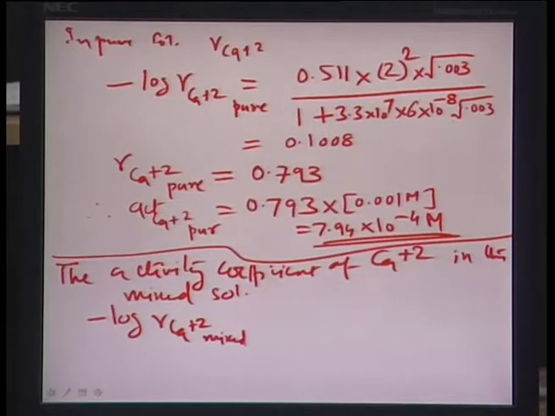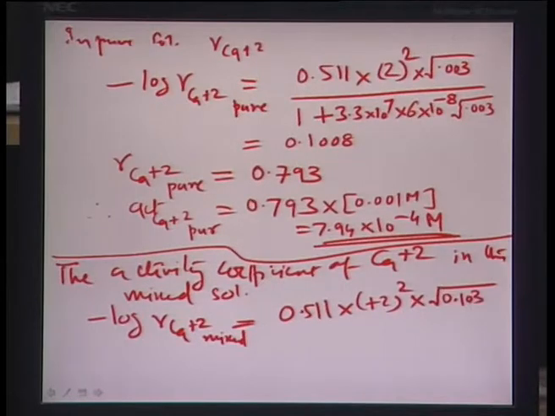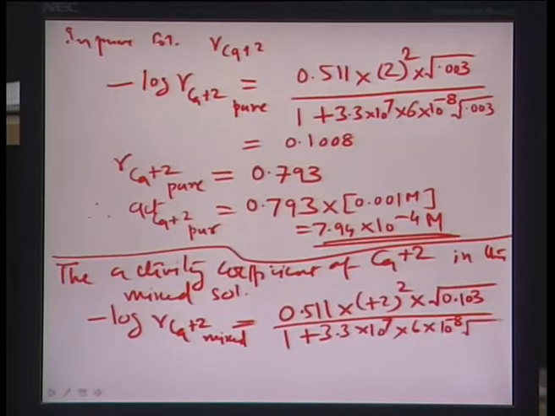So, we have in the mixed solution minus log of gamma Ca²⁺, and let us call this phase mixed phase, equals 0.511, which is the A parameter, times plus 2 square again, because Z is plus 2 essentially, multiplied by the mean ionic strength in the mixed phase, which is 0.103 as calculated before, divided by 1 plus 3.3 × 10^7, which is the B parameter, times the calcium ion size parameter of 600 picometers, which we just deciphered a moment back on the last slide, or 6 × 10^-8 times root of 0.103.